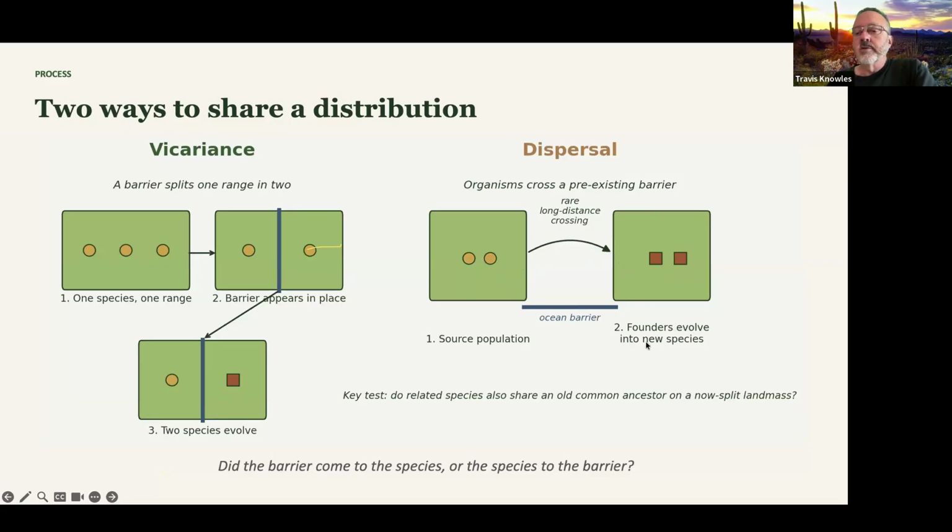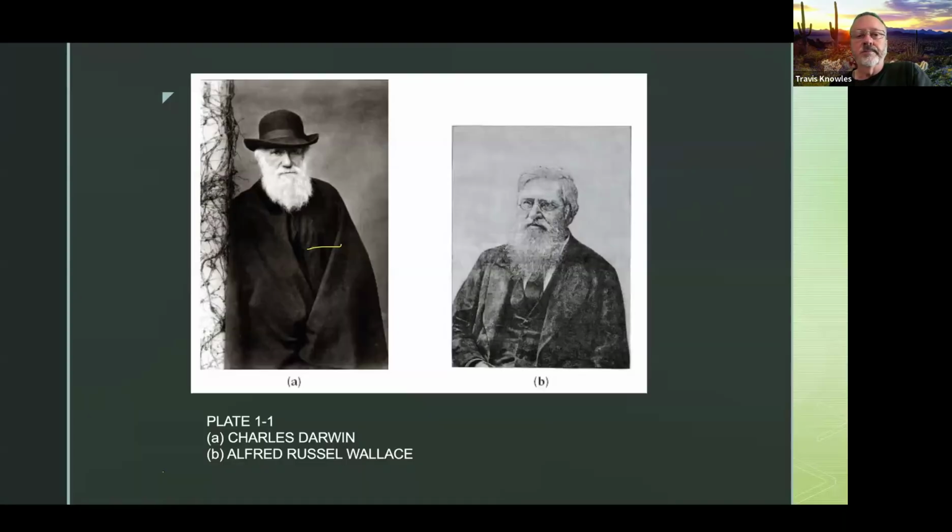Those are called founders. And if those stay separated across this barrier for a long enough period of time, you can also get two different species where you had one before. So this is getting at the evolutionary process and how things appear and how they can spread around the world. These are important processes to think about in biogeography.